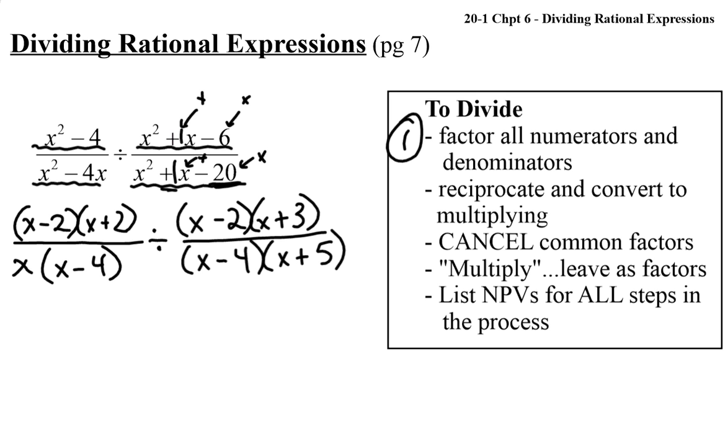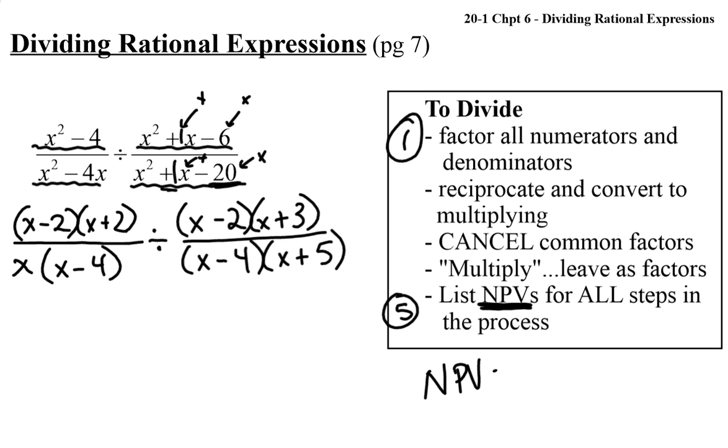Now, I'm going to jump down actually to our fifth step, this idea of NPVs. As I talked about last lesson, an NPV is for any point in a question when you could create a 0 in the denominator, which we don't want.